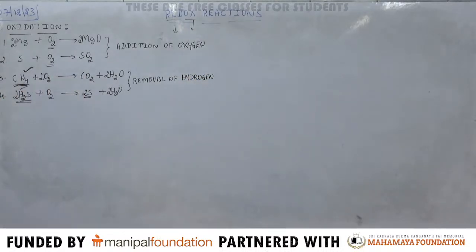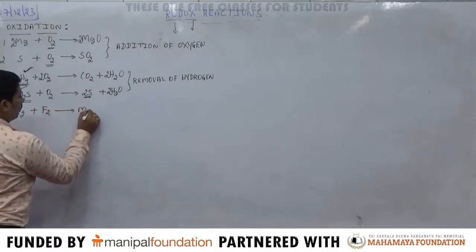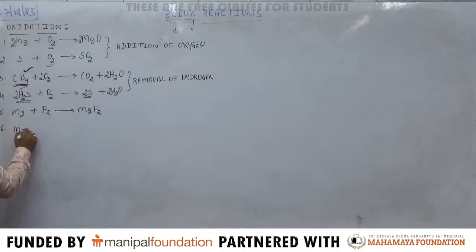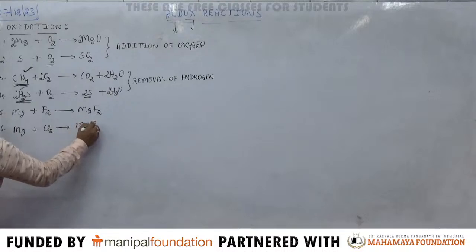Removal of hydrogen. Next, magnesium undergoes reaction with the fluorine. When the magnesium undergoes reaction with the fluorine, there will be a formation of magnesium fluoride. Next, when the magnesium reacts with the chlorine, there will be a formation of magnesium chloride.